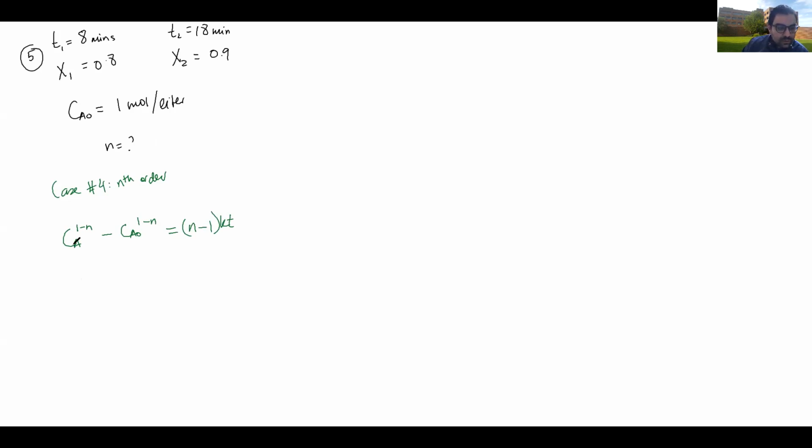If you just want to write C without any subscript, it's up to you. So I'm going to say CA is equal to CA naught (1 minus XA), and this is by definition. I'm going to plug this into the equation above, and I'm going to get [CA naught (1 minus XA)]^(1 minus n) minus CA naught^(1 minus n) is equal to (n minus 1) kt.